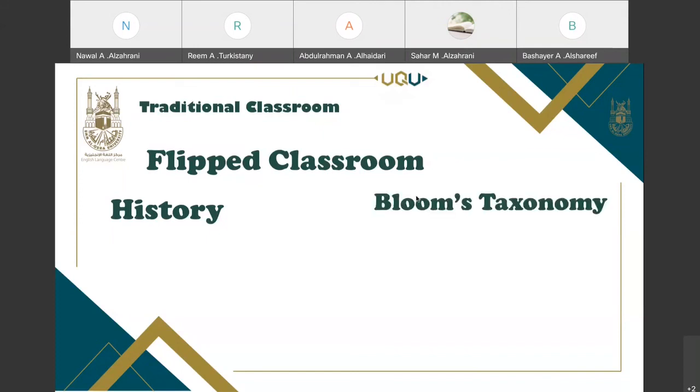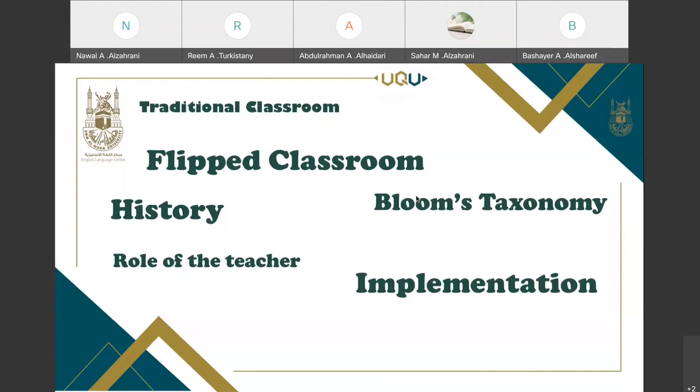We related this to Bloom's taxonomy, the levels of thinking, and how we can implement the flipped classroom starting from the lowest level of thinking to the level of creativity. We talked about the role of the teacher, that she matters more and she doesn't matter less, okay? Her job is more than that. She is a facilitator. She is still doing lots of things in class. And we talked also about ways or examples of implementation.